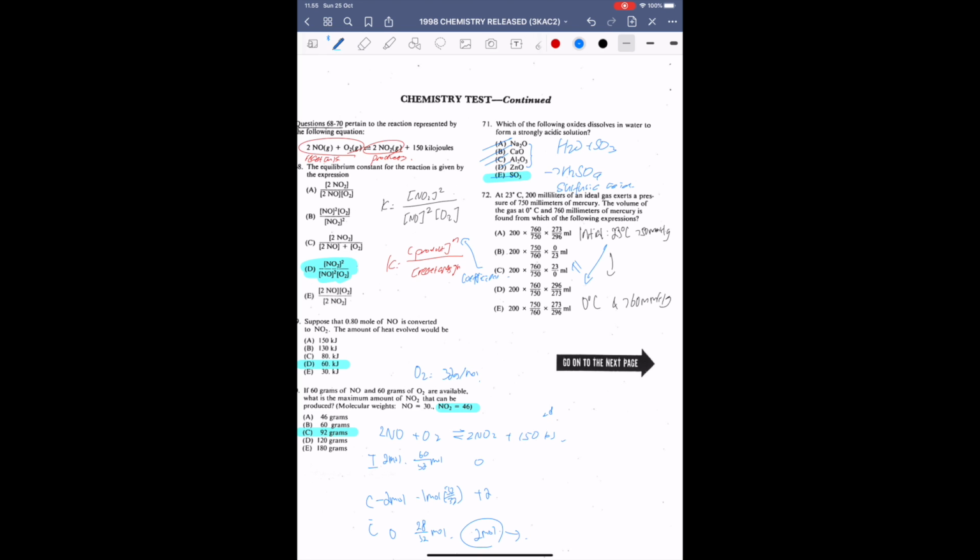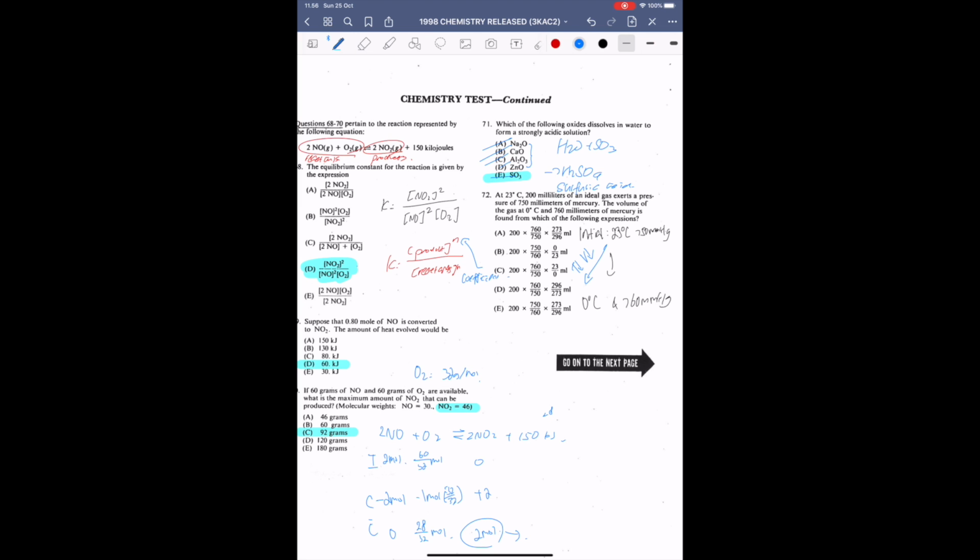A decrease in temperature also means a decrease in volume, because Charles's law states that V1 over T1 equals V2 over T2, or that volume is directly proportional to temperature. So with the temperature decrease, volume decreases, because obviously the gas particles move with less kinetic energy, so they occupy less volume.